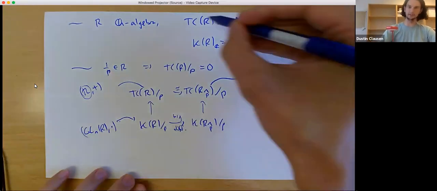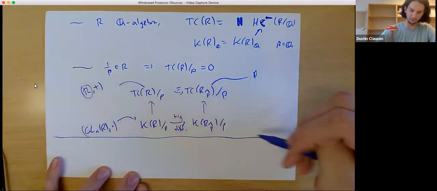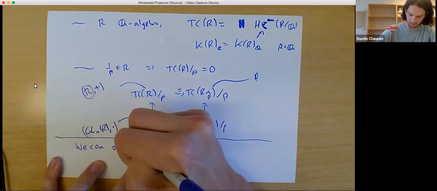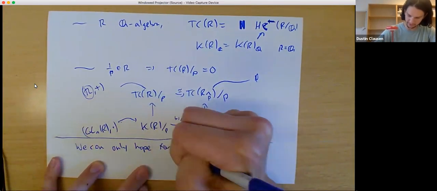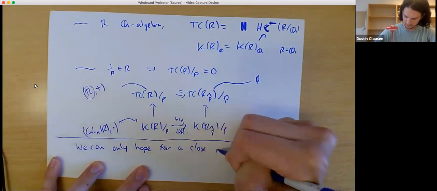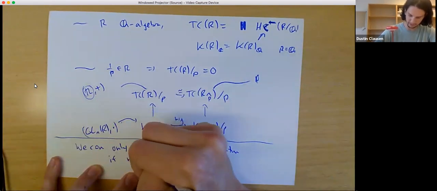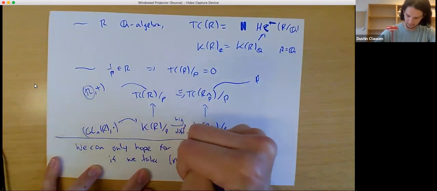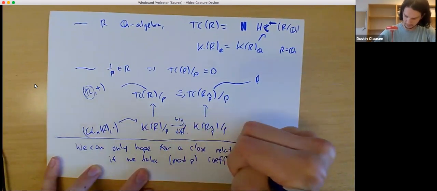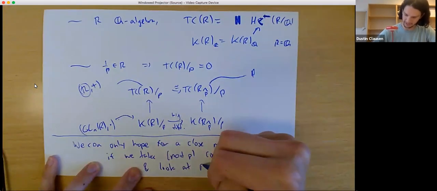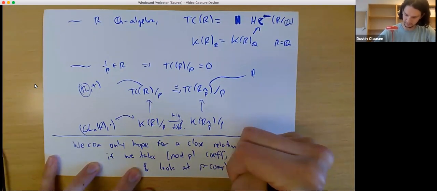But the conclusion of this remark is that we can only hope for a close relation if we take mod p coefficients and look at p-adically complete rings.